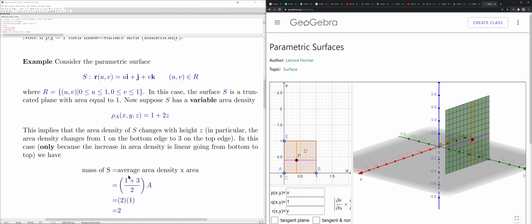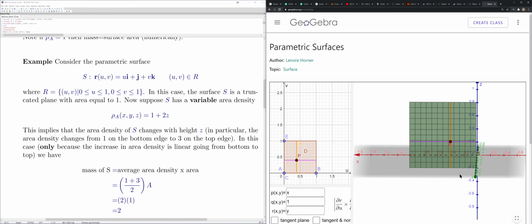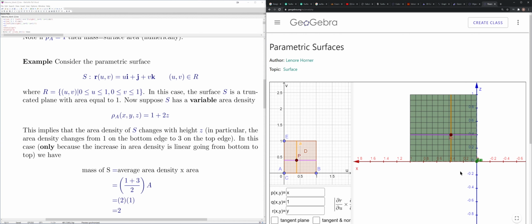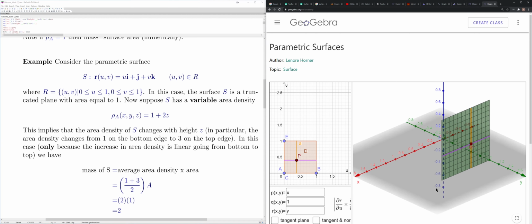The mass would be the average area density, which is 2, times the area of this, which is just a square of side length 1, so the area is 1. So the mass would be 2 times 1, which is 2.